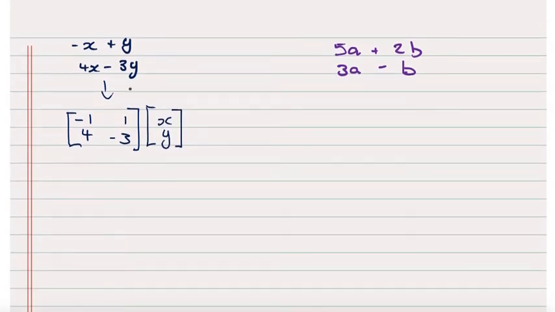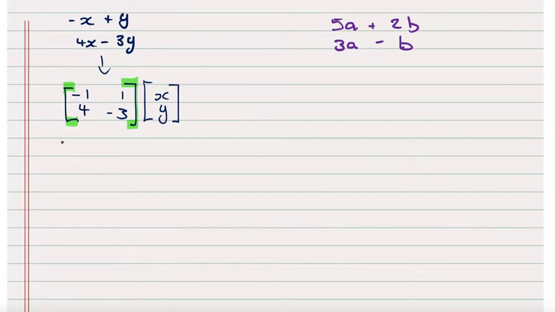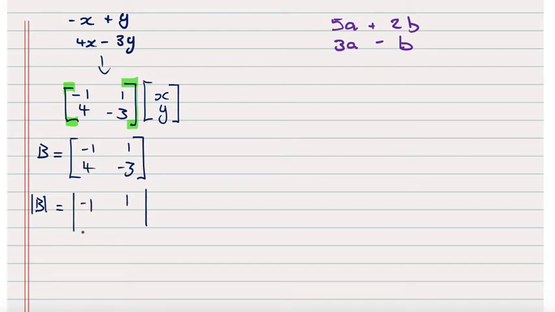Now consider if we want to find the magnitude of this system. We'll call it matrix B, and say matrix B equals -1, 4, 1, -3, and then take the magnitude.